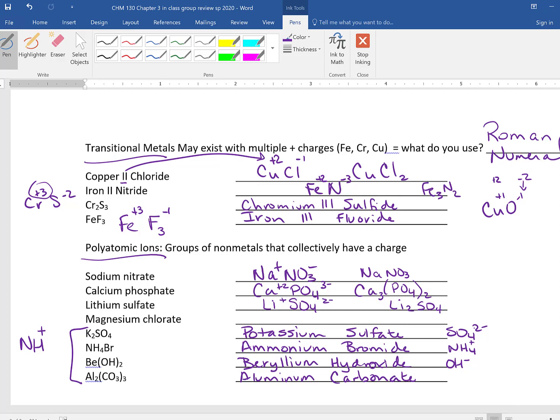Last one, magnesium chloride. Magnesium is Mg +2, and the chloride is ClO3, and it's a negative charge.